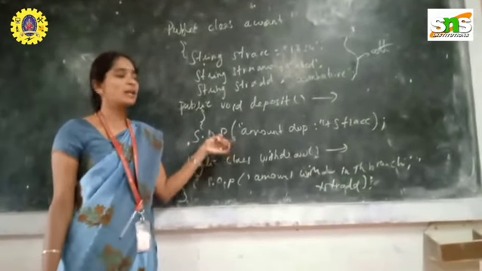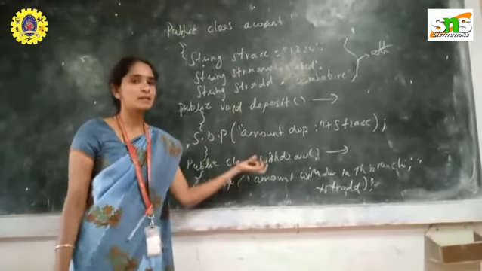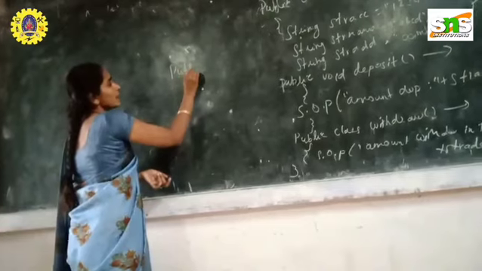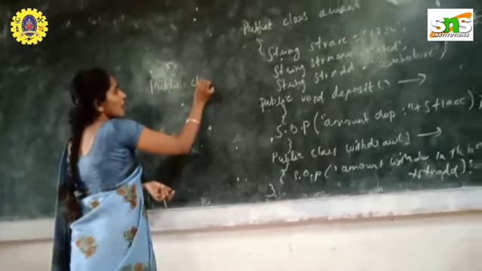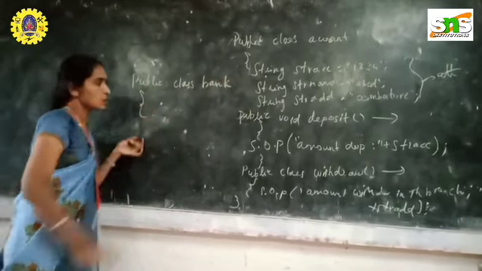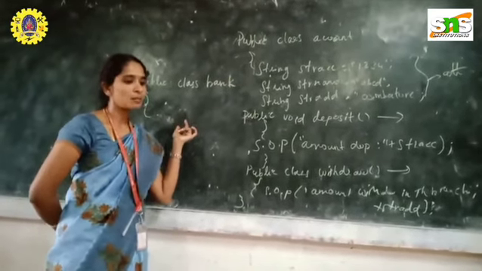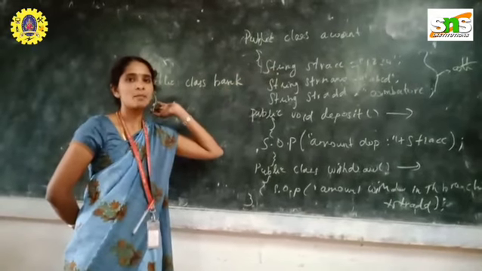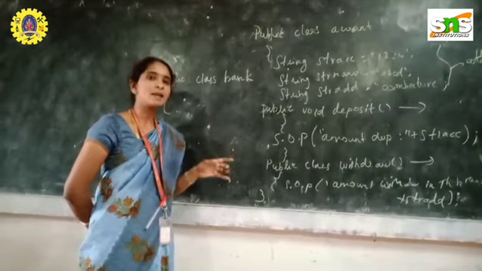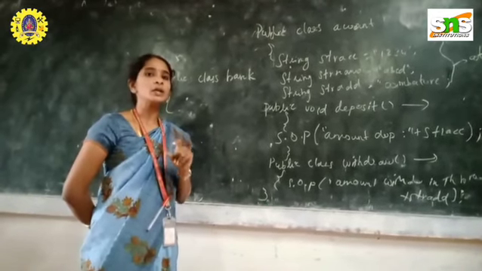Now I have to create my object for this particular class. I have to create my main function: public class Bank. In this class I have to create my object for the class name Account. The syntax for creating an object is class name, object name equal to new class name.